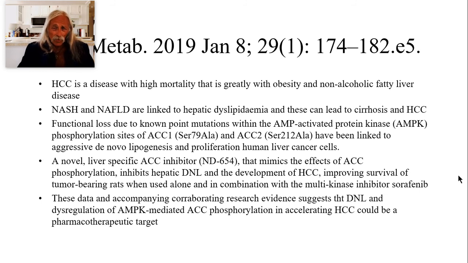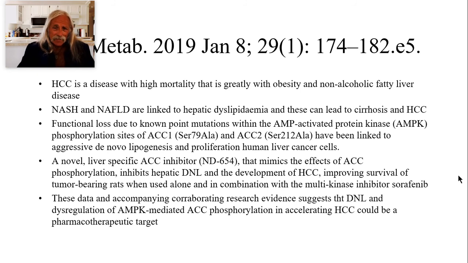hepatic de novo lipid synthesis and the development of the carcinoma, improving survival of tumor-bearing rats when used alone or in combination with a multi-kinase inhibitor known as sorafenib, because that blocks all those kinases. Typical drug use. It's an inhibitor drug.